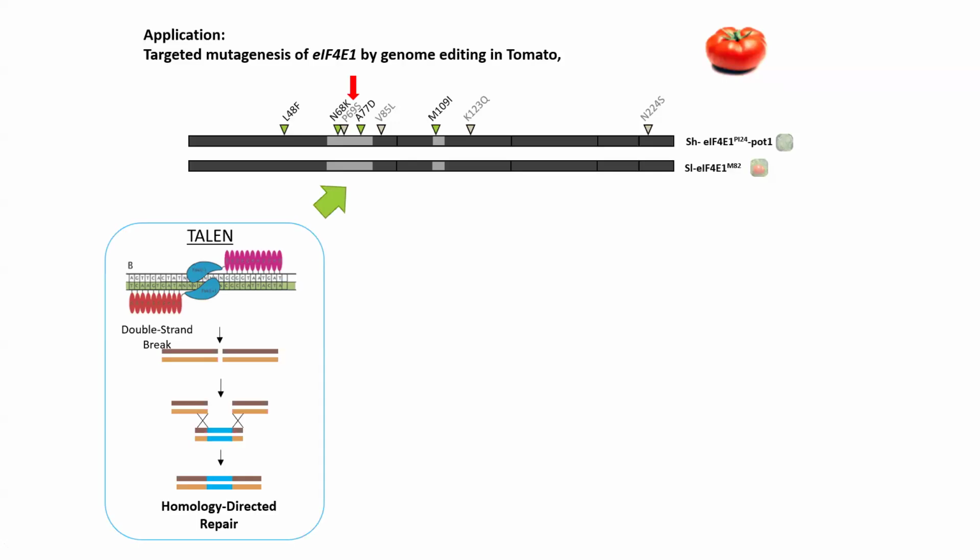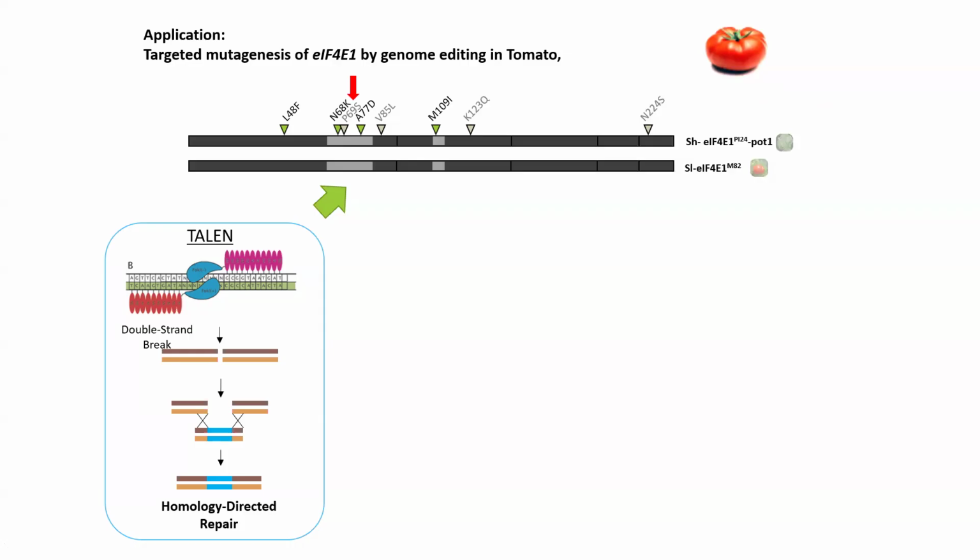So we decided to mimic what's going on during selection to modify both region 1 and region 2 of the EI4E. For region 1, we used an HDR approach with homology-directed repair. In fact, because it was quite old, we didn't even use CRISPR, but we used TALEN.